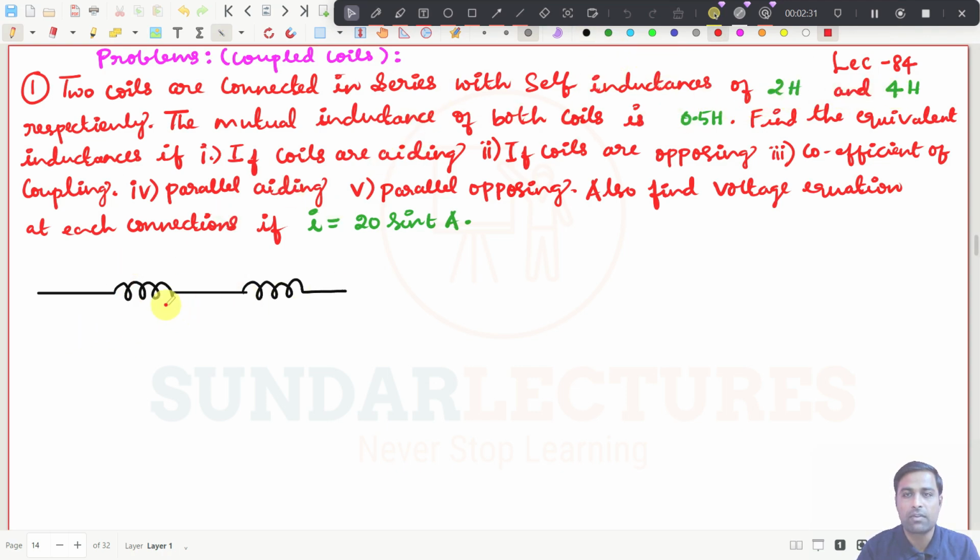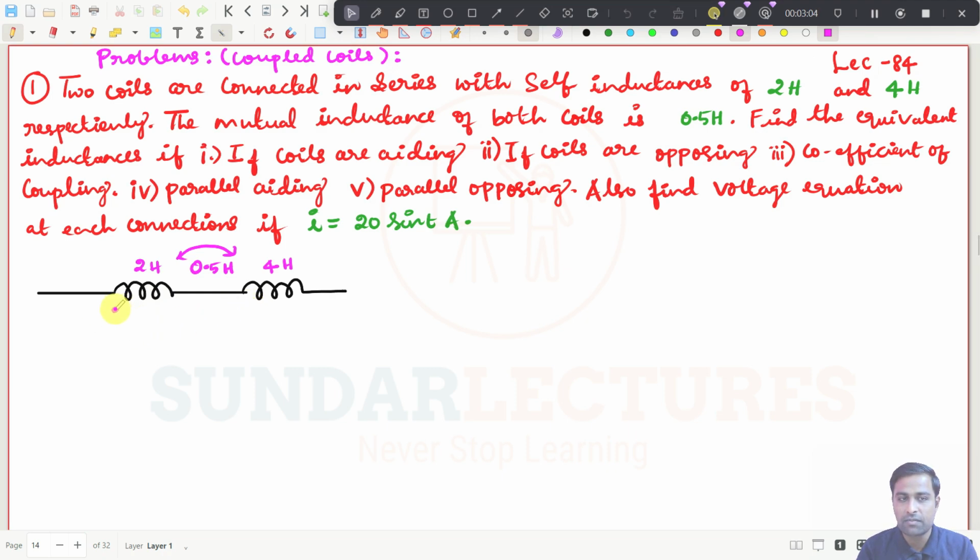The value of L1 is 2 Henry, and L2 is 4 Henry, and respectively the mutual inductance of both coils is 0.5 Henry. Find the equivalent inductance if the coils are aiding, and if the coils are opposing. Try to understand: both coils aiding and both coils opposing.